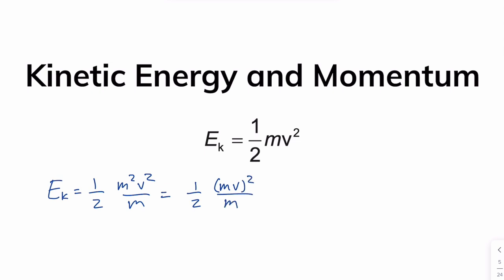And we know that momentum is given as mass times velocity. And so here we could say that the kinetic energy is also p squared, which is momentum squared, over 2m. So this is an alternative form to the equation 1/2 mv squared for the kinetic energy of an object.